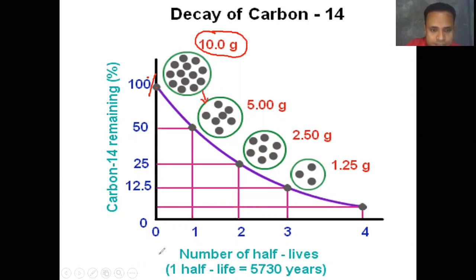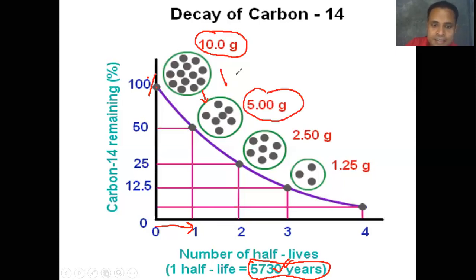After how many days does half remain? One half-life is 5,730 years. That means after this amount of years, half of the element remains unchanged, or half of the element will be broken. So after one half-life, 5 gram remains, that means after 5,730 years.